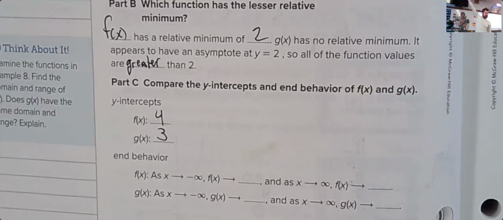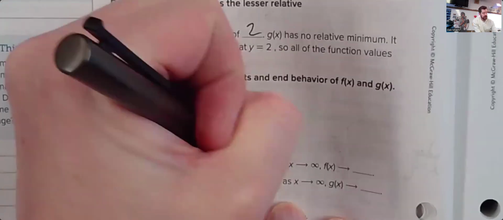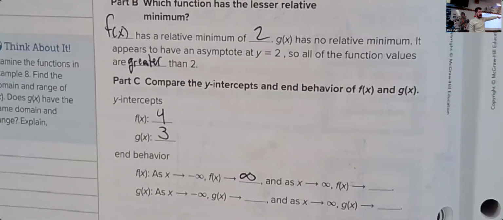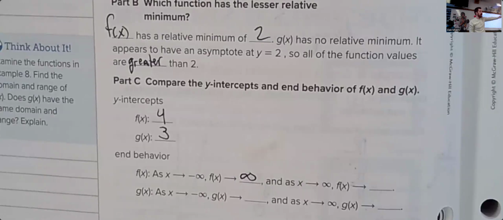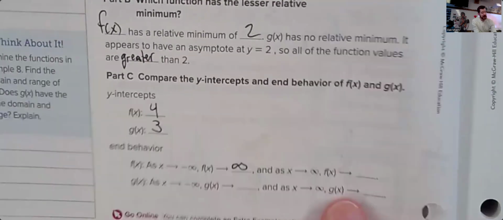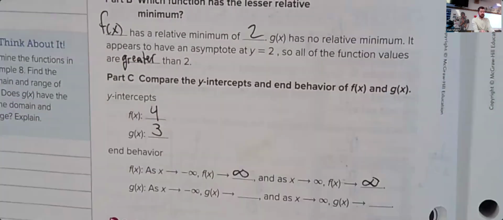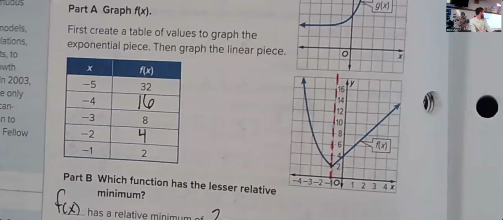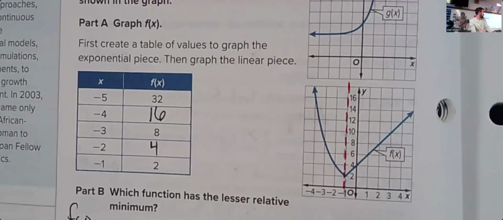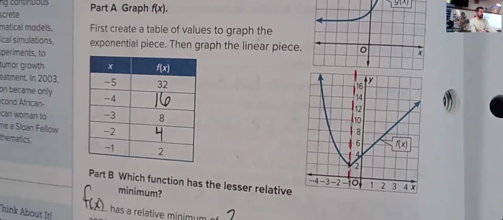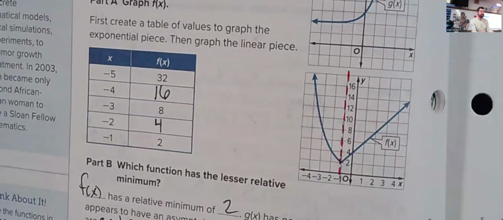X goes left, y goes up to infinity. Yeah. As x goes to the right, as x goes to positive infinity, y is going to positive infinity again. It's forever increasing on the y-axis on both ends as it goes negative and it goes positive. So up over here, up over here.